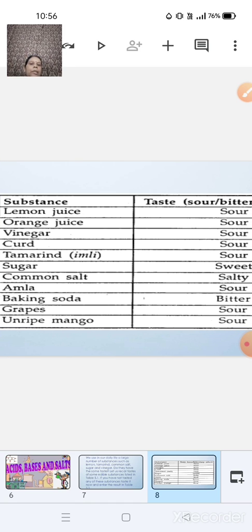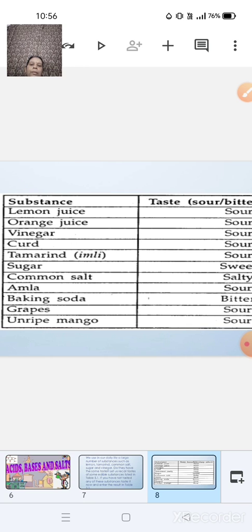Tamarind is sour. But when it comes to sugar, it is sweet. Common salt is salty to taste. Amla is sour. Baking soda is bitter to taste. Raw, unripe grapes are sour to taste.